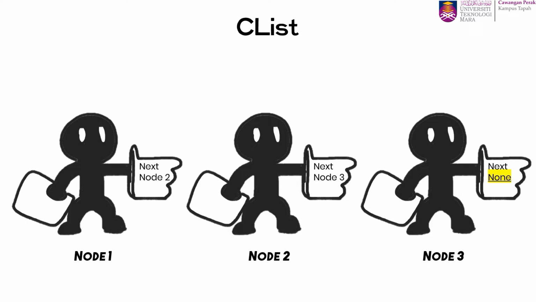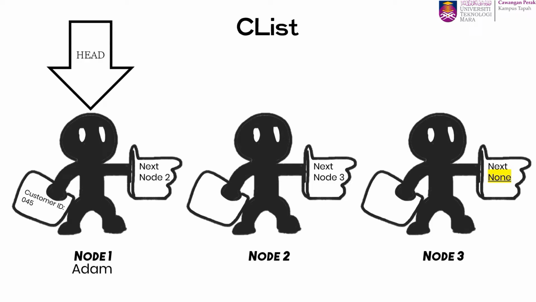So what we have here is the linked list of CList. It has 3 nodes, and these 3 nodes indicate the number of customers that we inserted, that is 3. Each node holds data, and each node also has a pointer that points to the next node. As you can see here, node 1 has customer ID 45 and the customer name is Adam.